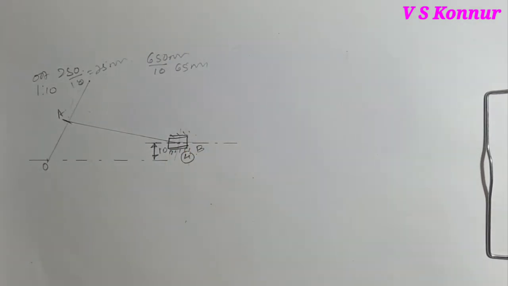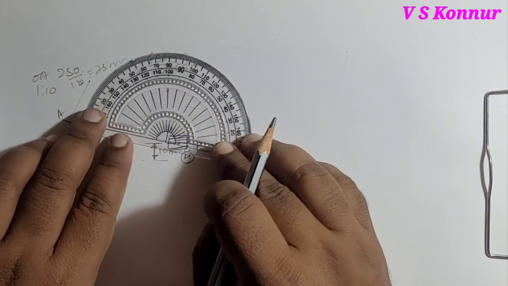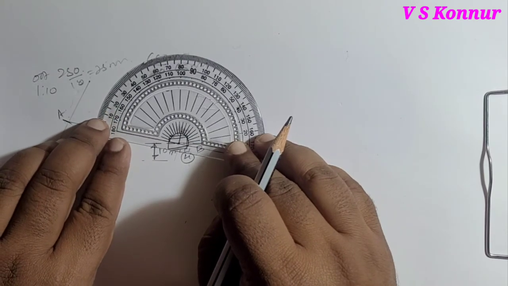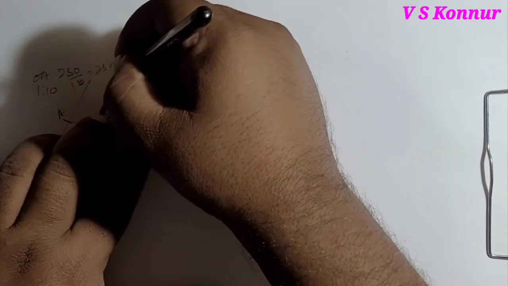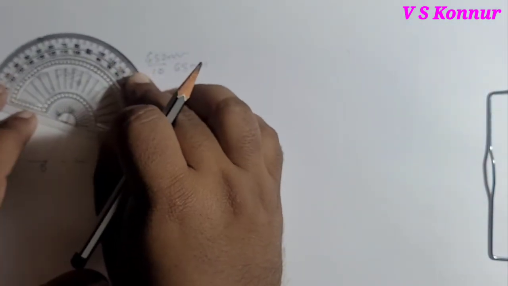Then from here you have to take 30 degree. From A you have to take 35.